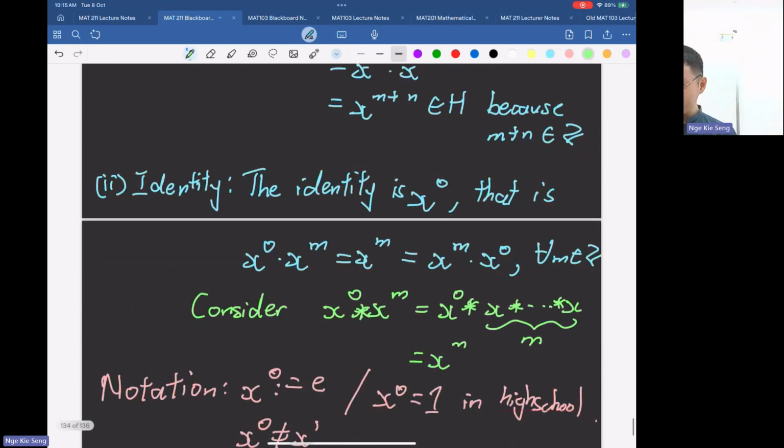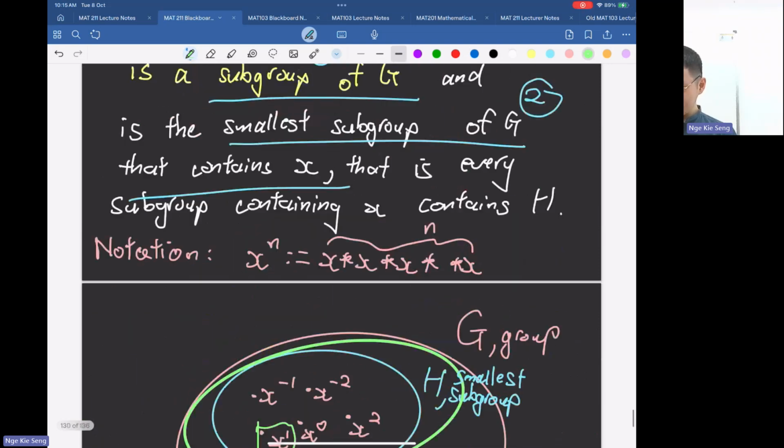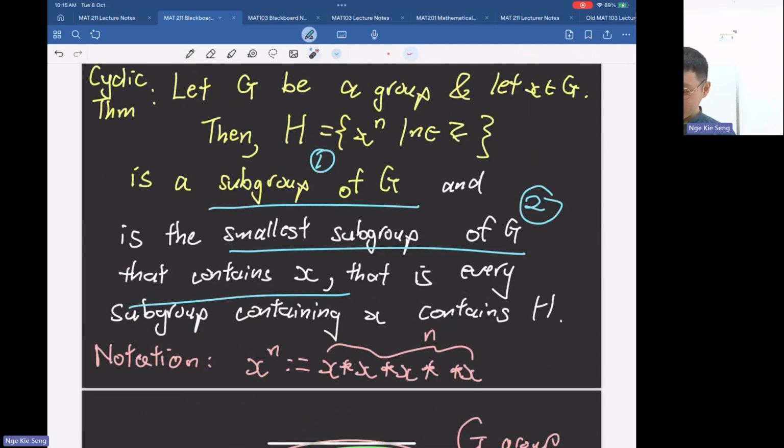Here is how we define this power. It depends on the operation. Don't confuse this notation. You need to ask about the operation when you look at the power of an element.